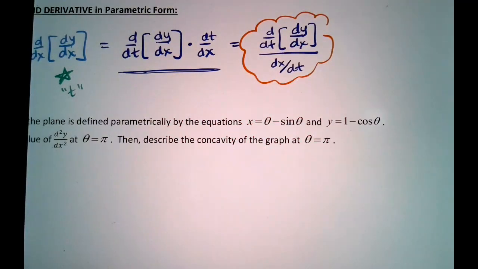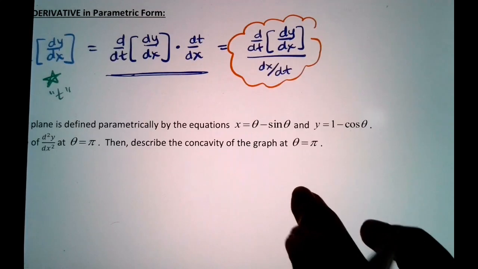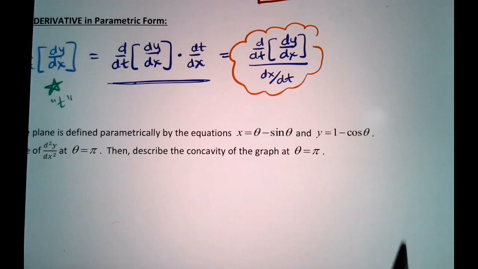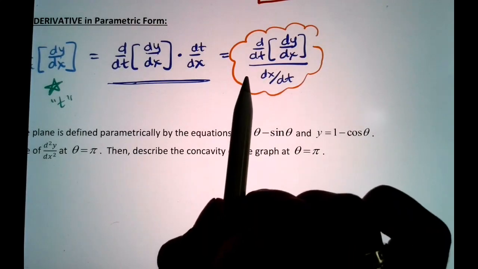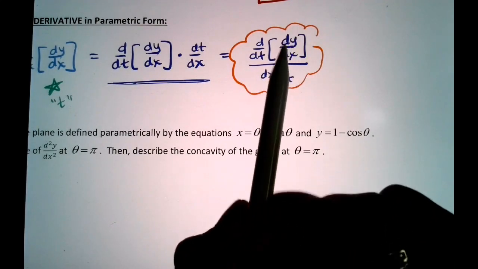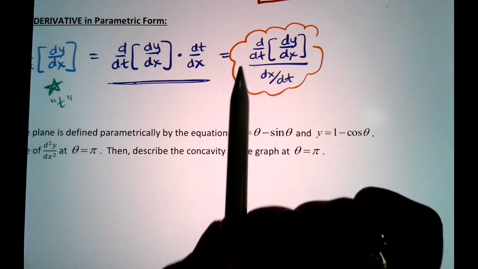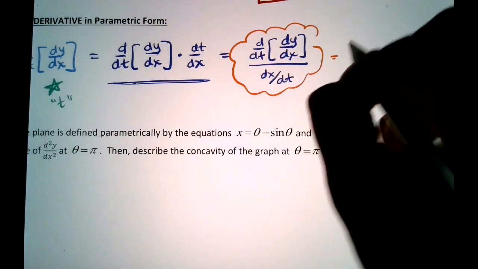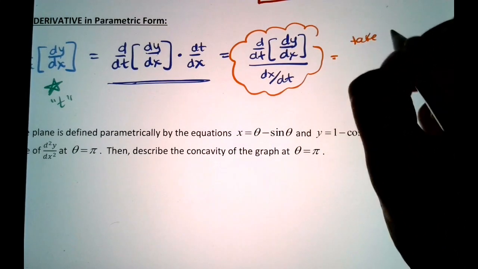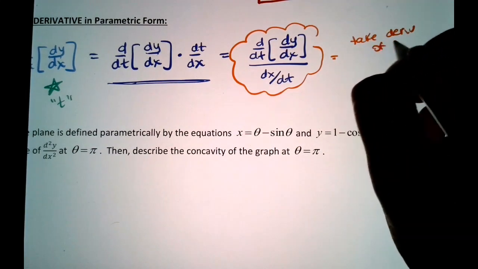Let's talk about what that actually means. So I'm going to write it in words, which is interesting. But what I want you to do is say, look, the second derivative parametrically means take the derivative of the first derivative with respect to t. So do as you normally would. Take the derivative of dy dx.